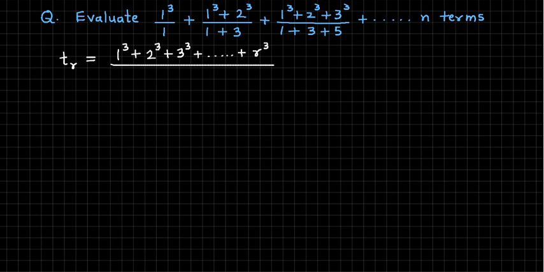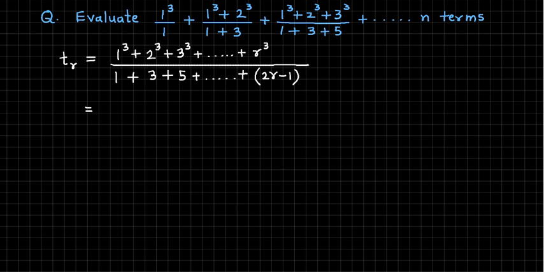If we have the second term, we take two odd numbers. So we can write 1 plus 3 plus 5 in general, where the denominator will contain the last term as the rth odd number, and the rth odd number is given by 2r minus 1, provided r starts with 1, which is the case here. That is, r will always start with 1 and go up to n in this particular example.